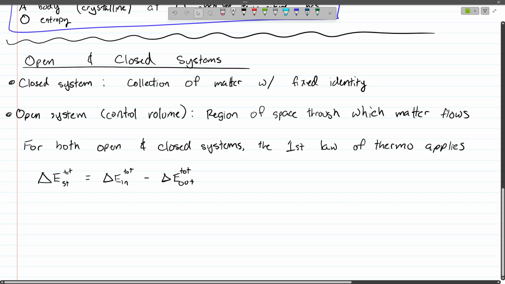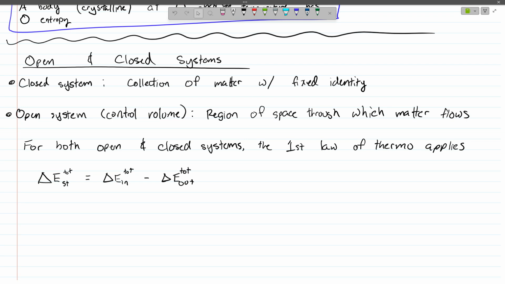The major difference between open and closed systems is what goes into this E in and E out.